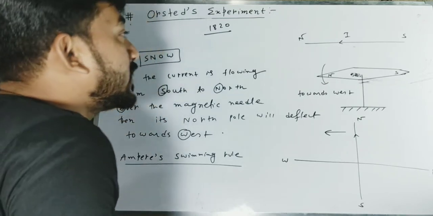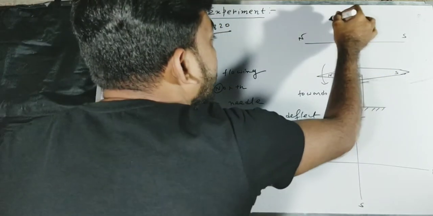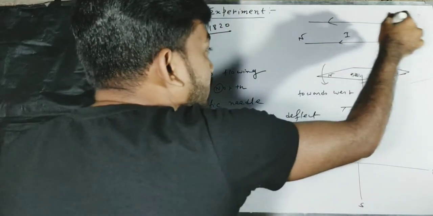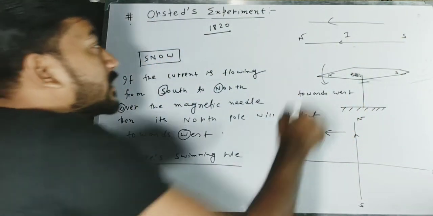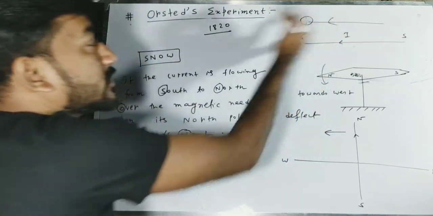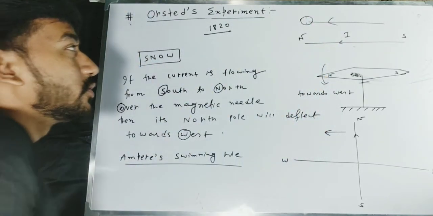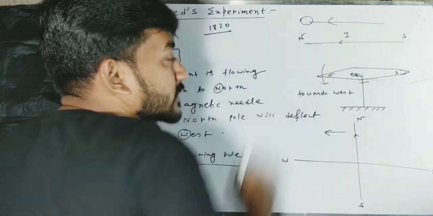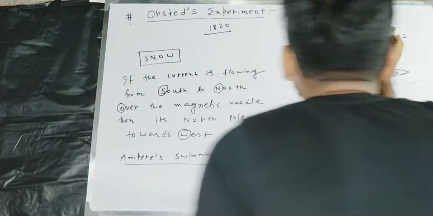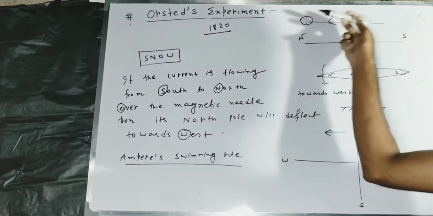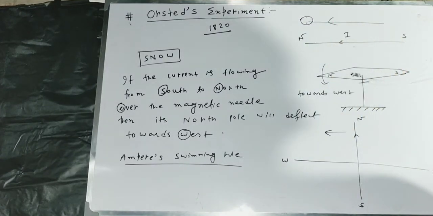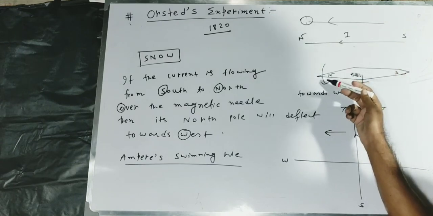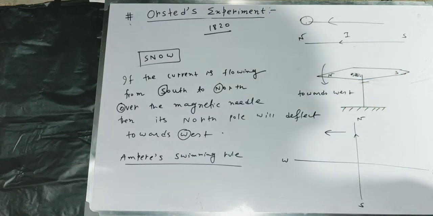So if a person swims like this, with his head towards the north direction, his left hand will be in this direction, and the north pole of the magnetic needle will deflect towards this side.